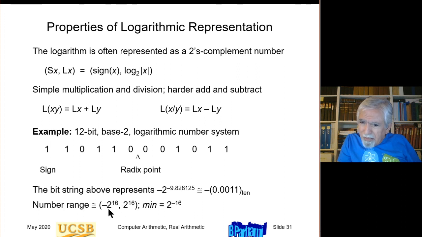And on the negative side, this will be 1, so that goes to -2^16. So this is roughly equivalent to a 17-bit integer format in terms of range.